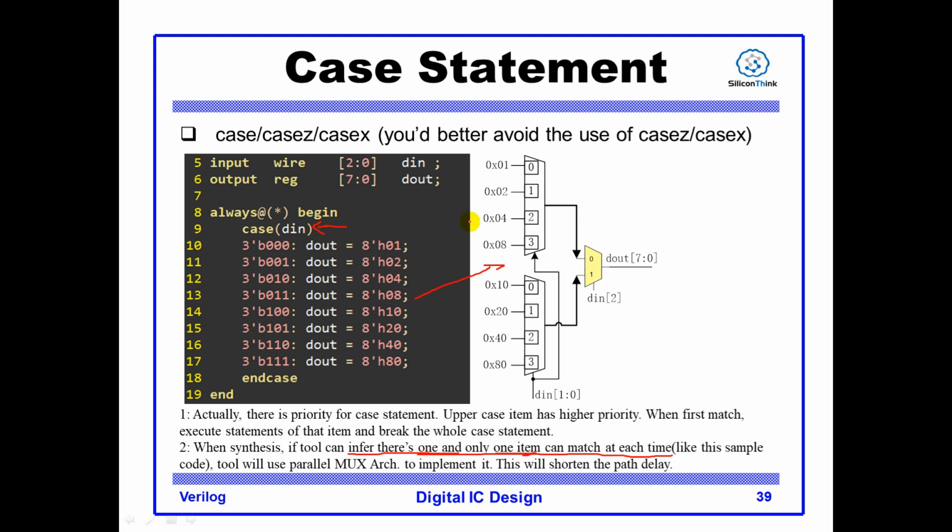Can you write an example where the synthesis tool can't infer there is one and only one item that can match? Can you give an example of that? Please think about it.